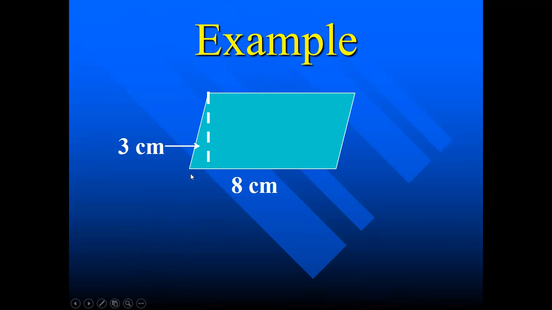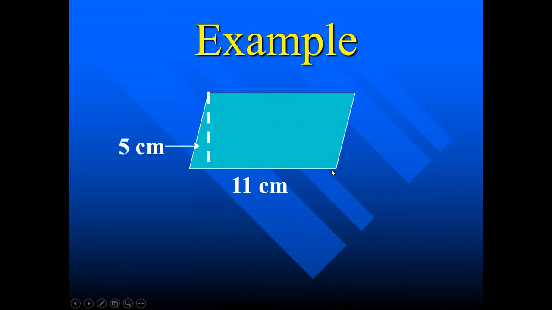In this parallelogram, the length of the base is 8 centimeters and the length of its height is 3 centimeters. To find the area, multiply the length of the base by the length of the height. 8 multiplied by 3. It will be 24 square centimeters. In this parallelogram, the length of its base is 11 centimeters and its height is 5.